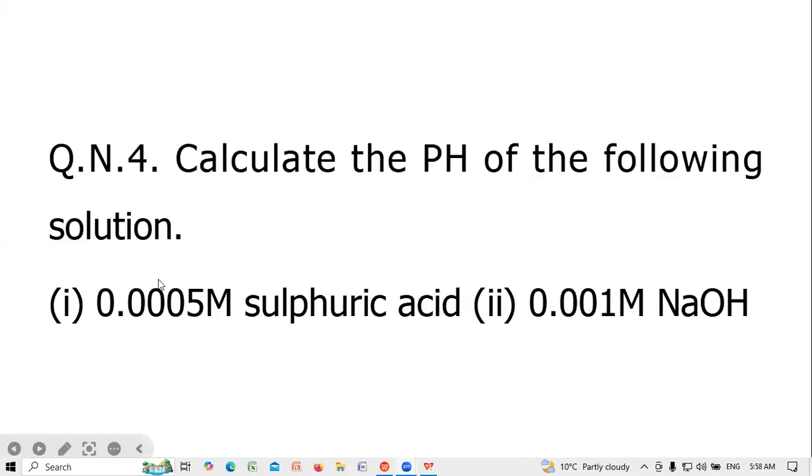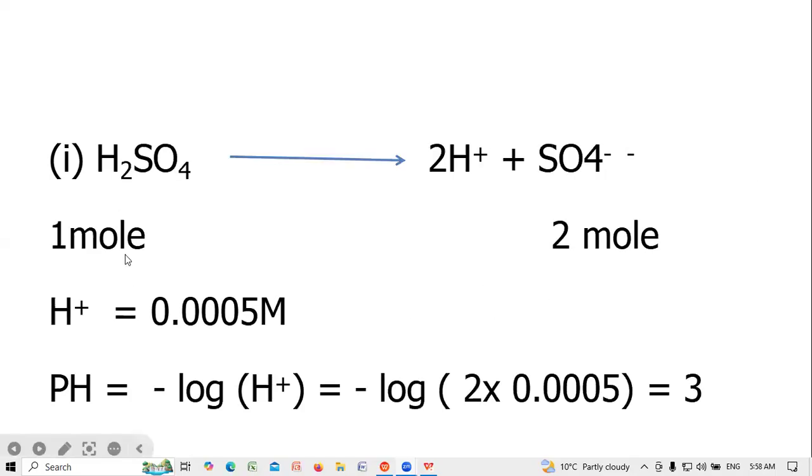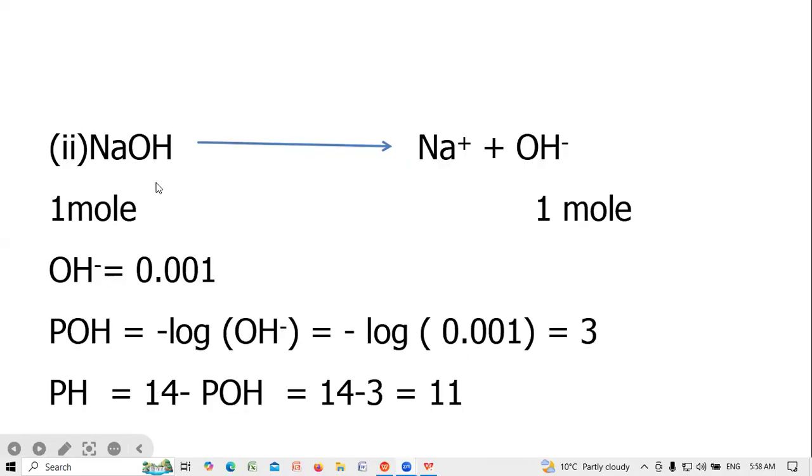Calculate the pH of the following solutions: 0.005 molar sulfuric acid and 0.001 molar sodium hydroxide. Sulfuric acid dissociates and gives 2 moles. That's why pH equals minus log of 2 into 0.005, which is 2.3.